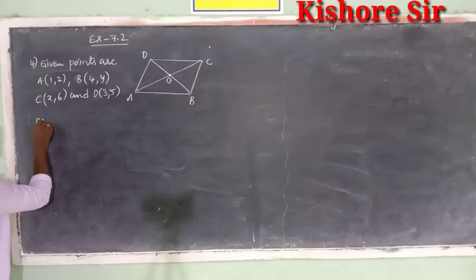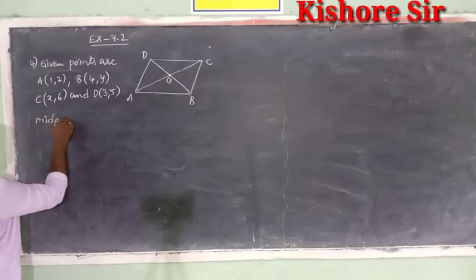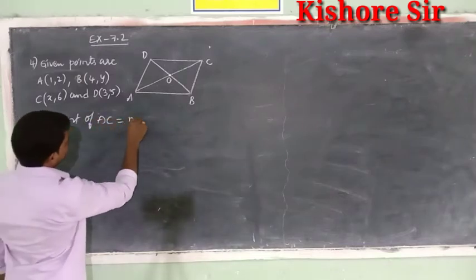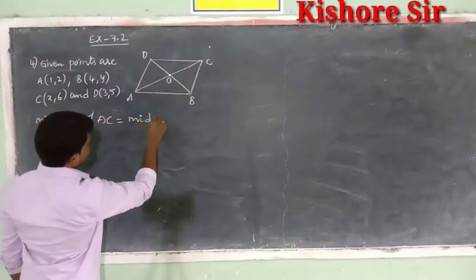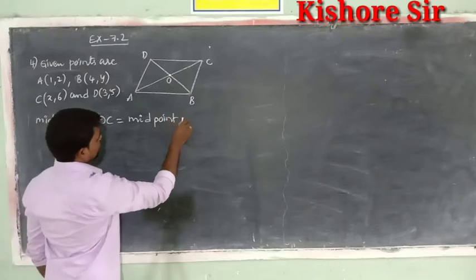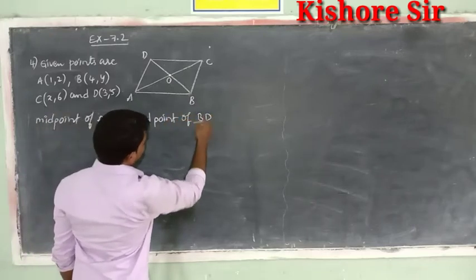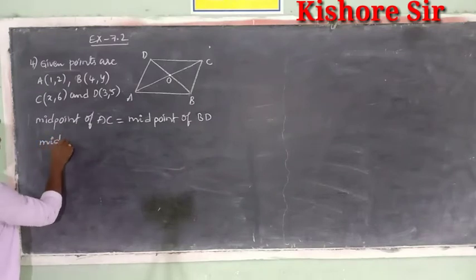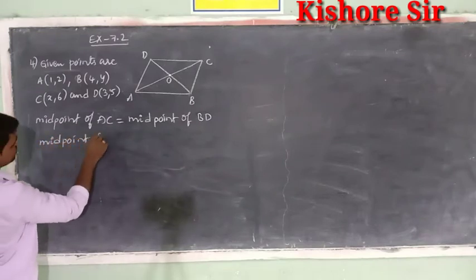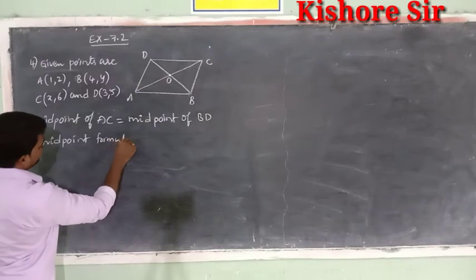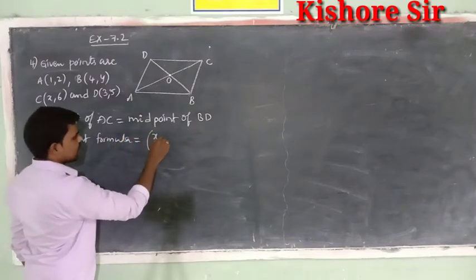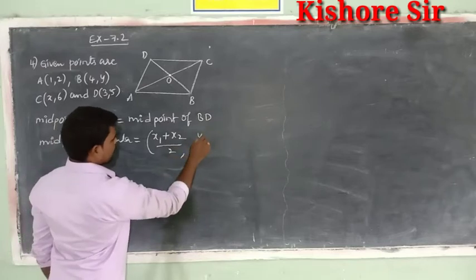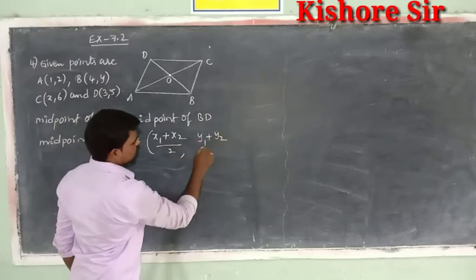So midpoint of AC is equal to midpoint of BD. The midpoint formula is ((x1 plus x2) by 2, (y1 plus y2) by 2).